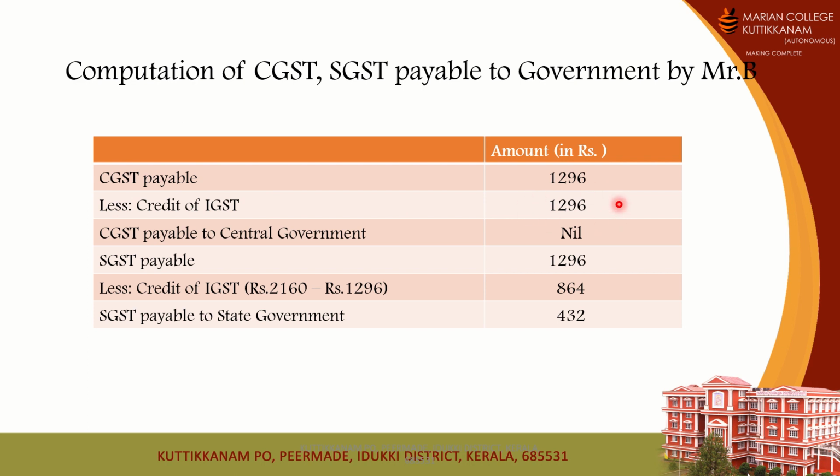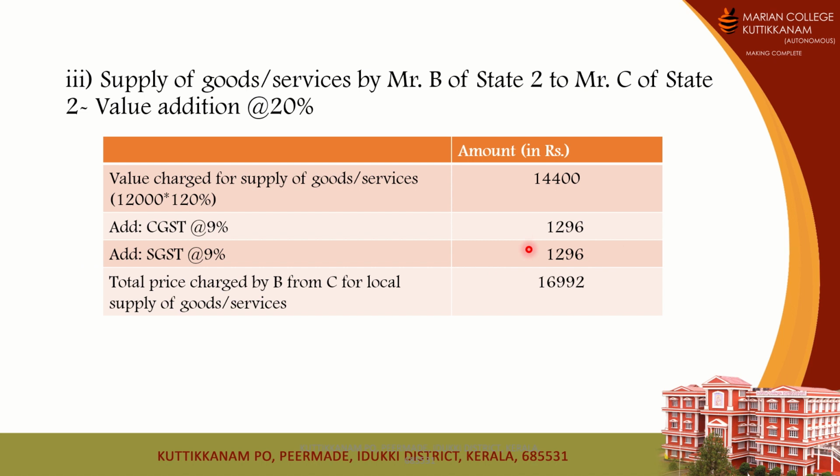So there is an important point to remember which we will explain in the coming slide. Then now we have CGST payable to central government as nil. Okay. So then SGST payable is 1296 and that amount we got from here.